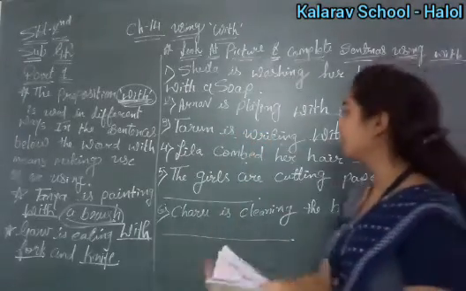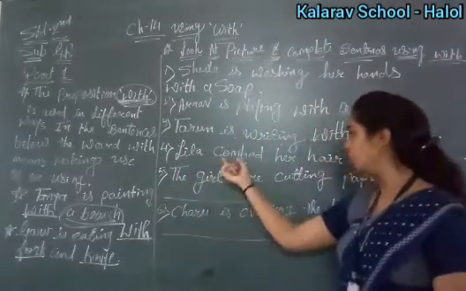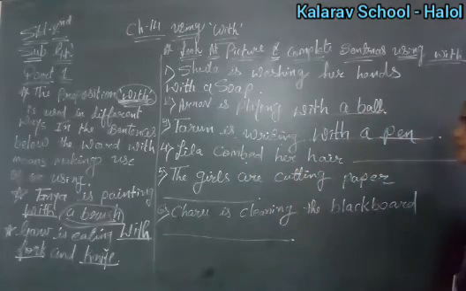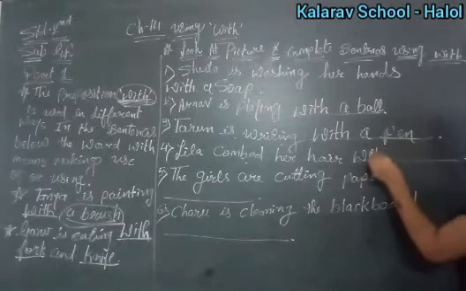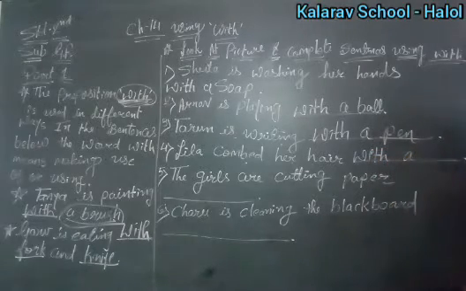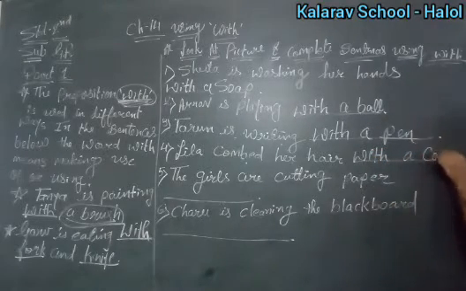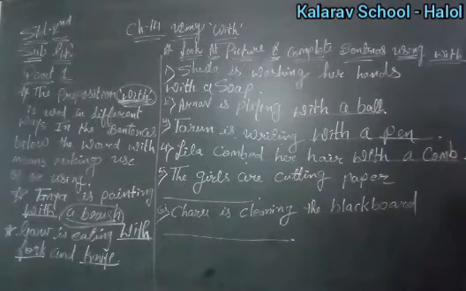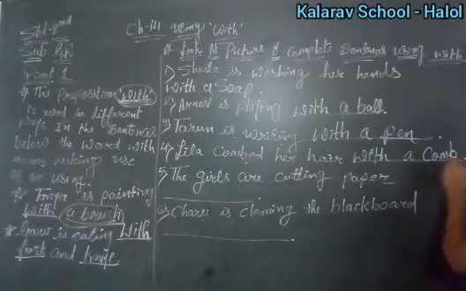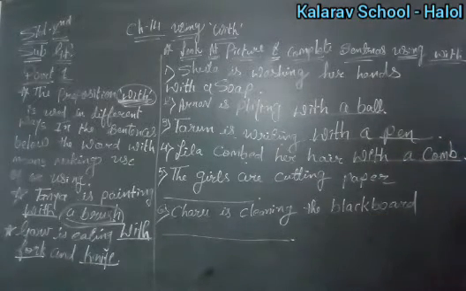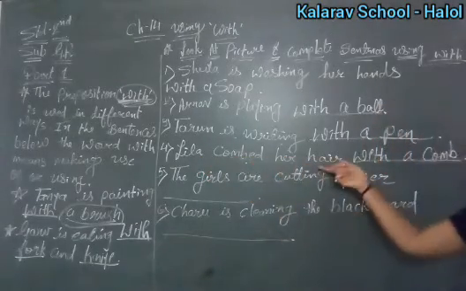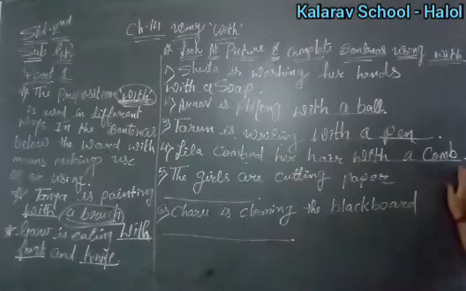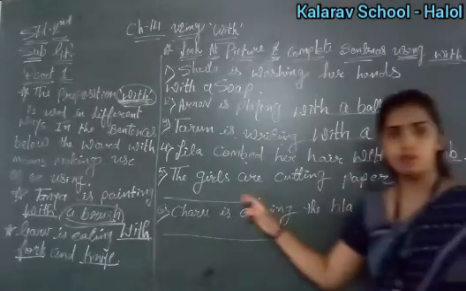So हम क्या लिखेंगे? क्या यूज करेंगे हम? With a. किससे कर रही है? Comb से. Yes, she is doing it with her comb. Comb से वो अपने hair comb कर रही है. So, Leela combed her hair with a comb. Clear? Yes. Now see next.